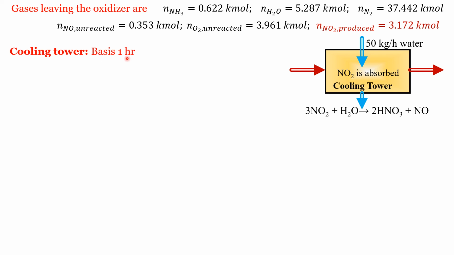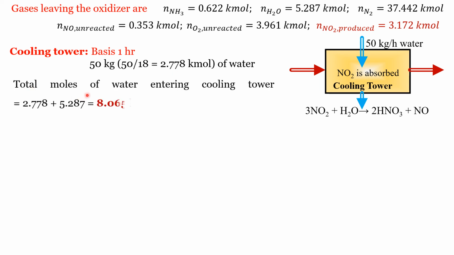In the cooling tower we will take the basis as 1 hour. Then we will find the moles of water coming from this stream. The weight is given, that is 50 kg, divided by the molecular weight of water.